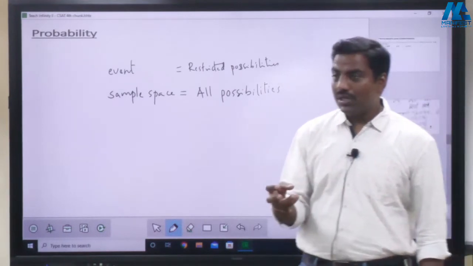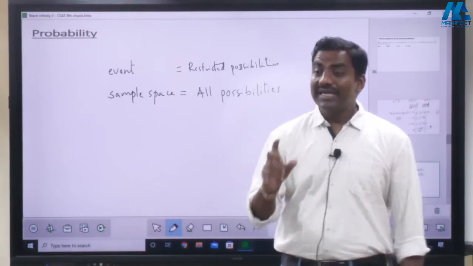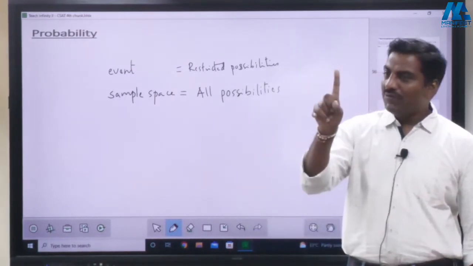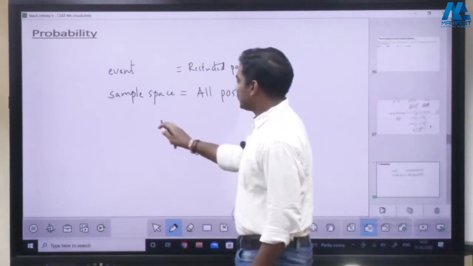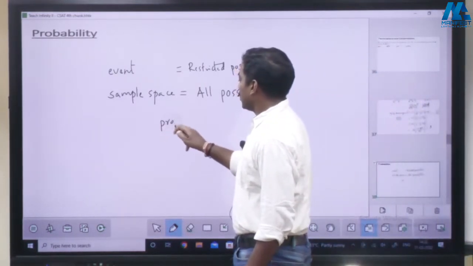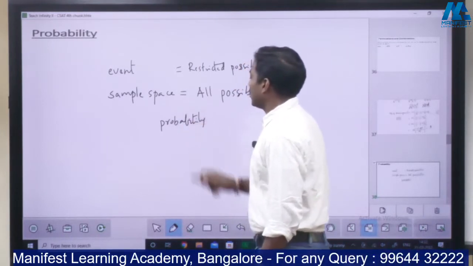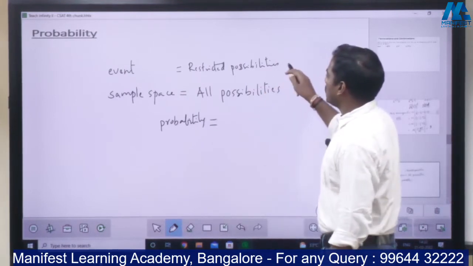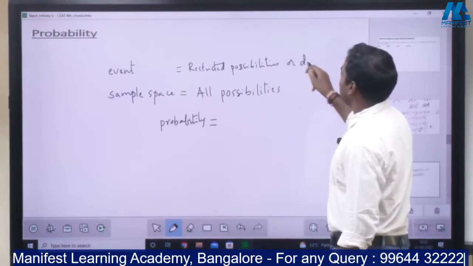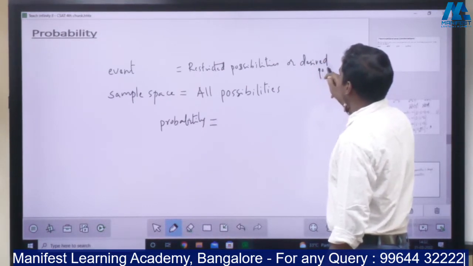But sample space is the collection of all possibilities. Possibilities are 6. But getting 5 on the dice is only 1 chance. So here your probability will become this: a restricted possibility or a desired possibility.